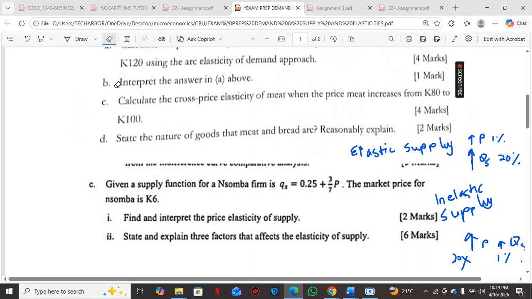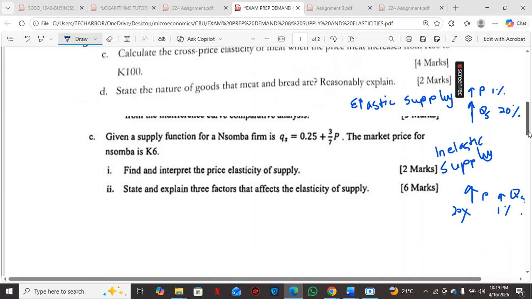Okay, so unlike the traditional elasticity questions where we were using the arc elasticity formula, here we haven't been given a Q1 and a Q2 or a P1 and a P2. So we're going to have to use calculus to solve this.